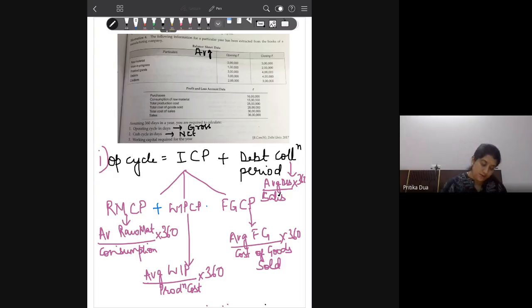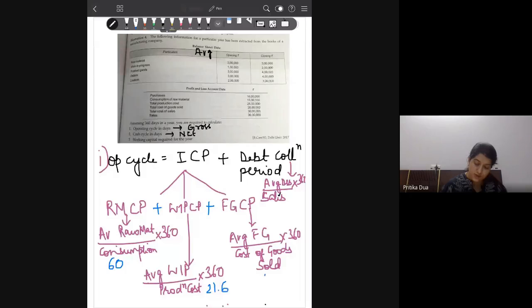It's coming to 60 days. Then work in progress. It is average work in progress divided by production cost. Yes, absolutely right. 21.6. Finished goods. This is coming to 45.